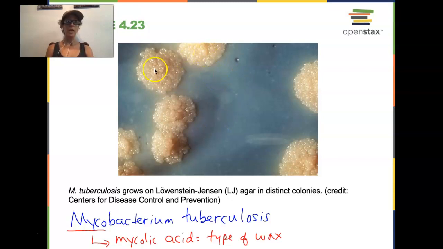If we were to streak Mycobacterium tuberculosis or other species of Mycobacterium onto agar, it takes 12 to 24 hours for them to double in size. So if we put 100 bacteria on a plate, by morning we'd have 200, which would still be invisible. So they are super slow growing, which gives them some advantages.